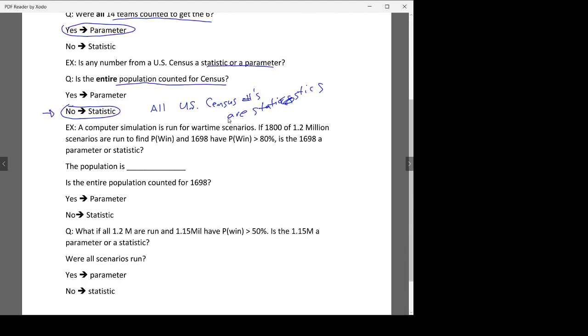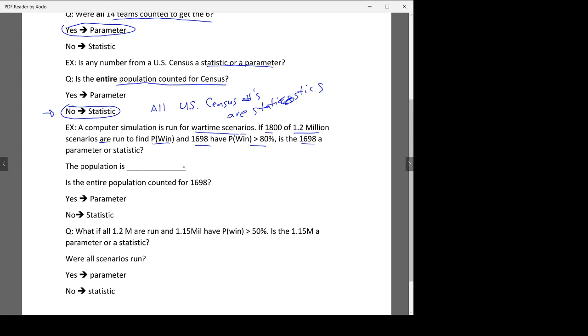So let's try again with a computer simulation. This is kind of more realistic. If you're running a computer simulation for wartime scenarios, like in the movie War Games, I think it was 1984 when it came out: if 1,800 of 1.2 million scenarios are run to find the probability of winning, and 1,698 of those 1,800 have a probability of winning greater than 80%, is the 1,698 a parameter or statistic?